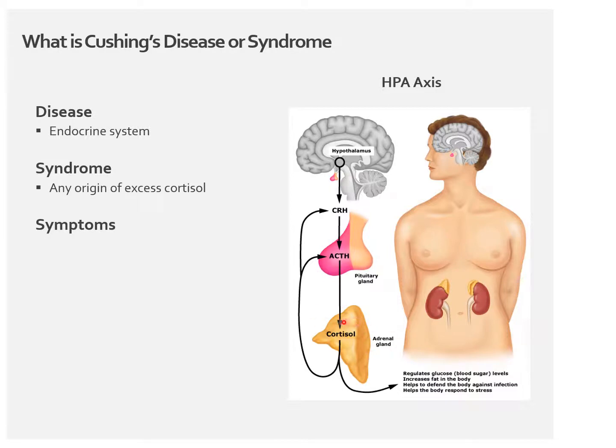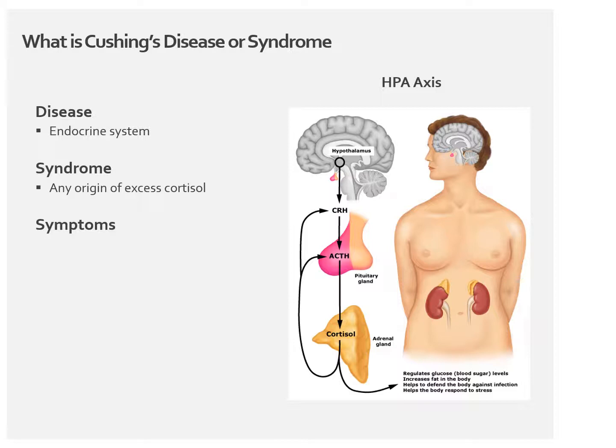Or it could actually be a problem in the adrenal glands themselves that are causing a hypersecretion of cortisol. And what you'll see a little later on is that when you talk about the disease, it's actually a problem here in the pituitary gland. When you talk about the syndrome, it's usually a problem here in the adrenal glands or something that's acting directly on those adrenal glands.